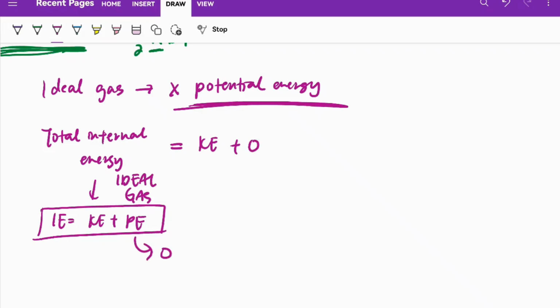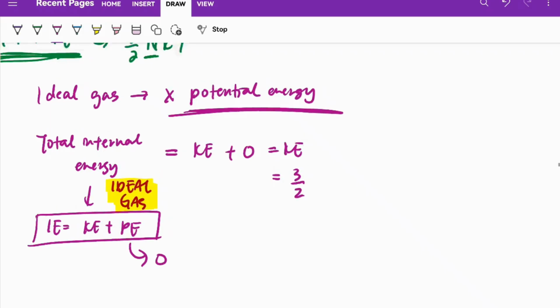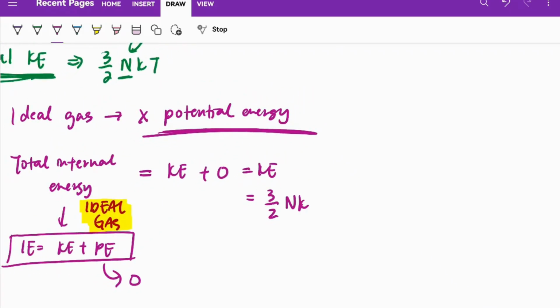Why 0? Like I said, the intermolecular forces between molecules are negligible for ideal gas. So your total internal energy is just kinetic energy, which is basically 3/2 NkT. That's it.